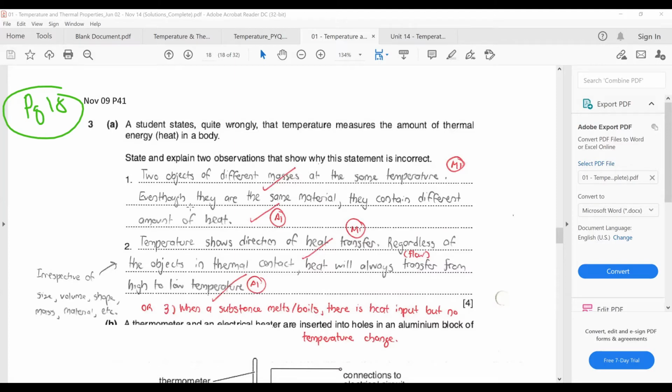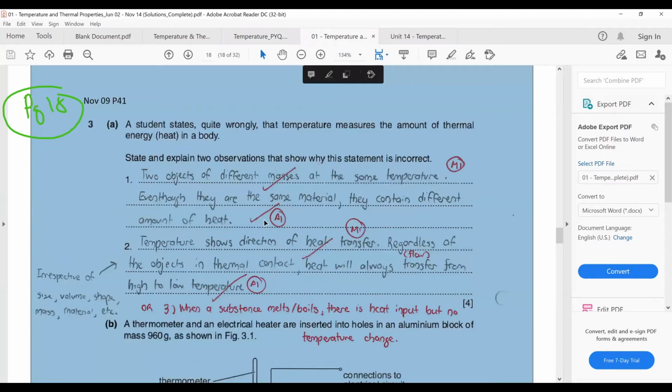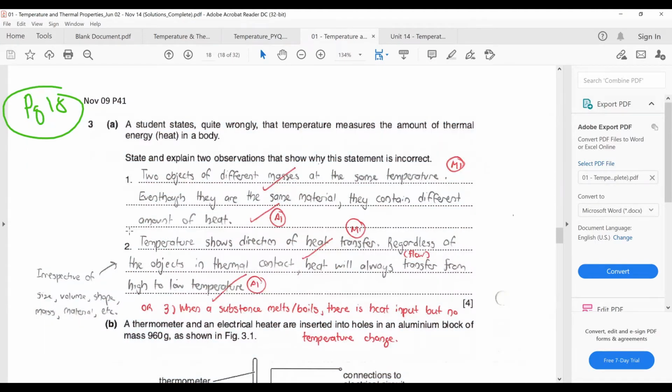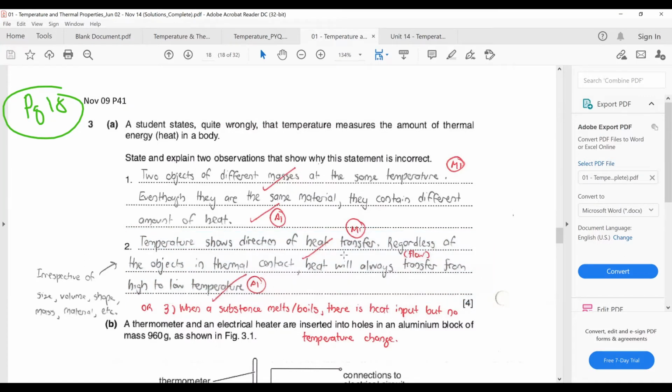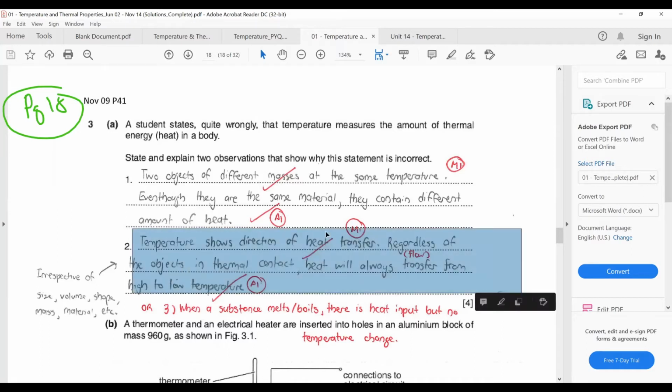Okay, there are actually three different cases. The first one that I explained is that temperature only tells you the direction of heat transfer. Regardless of the object in thermal contact, heat will always transfer from high to low temperature. The example I used just now was the metal rod and the tub of water.